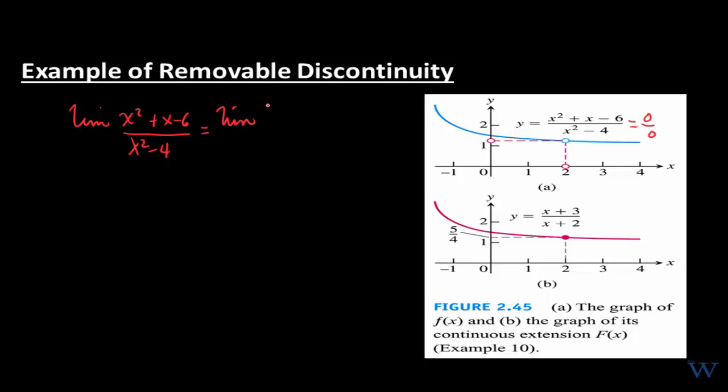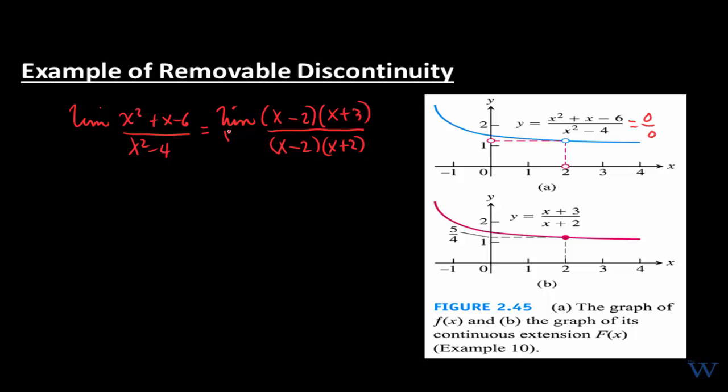So this is the limit of x minus 2 times x plus 3, the whole thing divided by, what are the factors of this difference of squares? Again, that's x minus 2 and x plus 2.